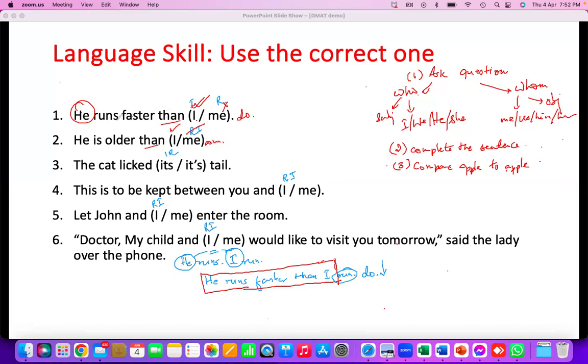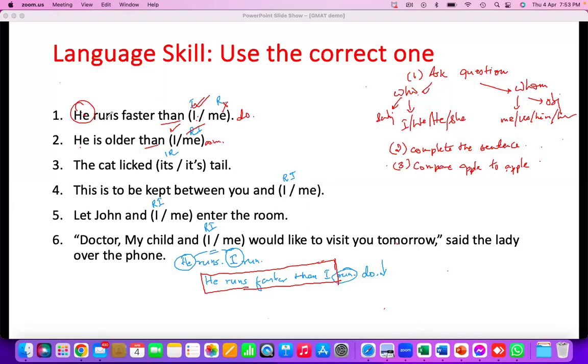So I is a subject pronoun, right? This is the thumb rule. Here you have he. So in the comparison case, you need to have I out of I and me. Here you have a subject pronoun. Here also you need a subject, right? So I is correct. Fine. So if you understand these three rules, these three tricks, you will never go wrong in comparison sentences. Fine. Ask question. So who runs faster is the right question to be asked.